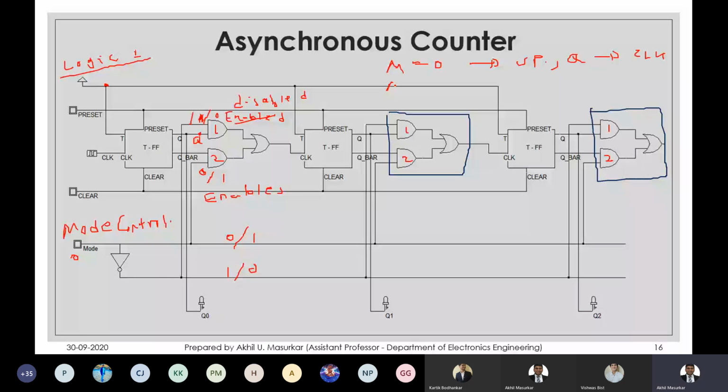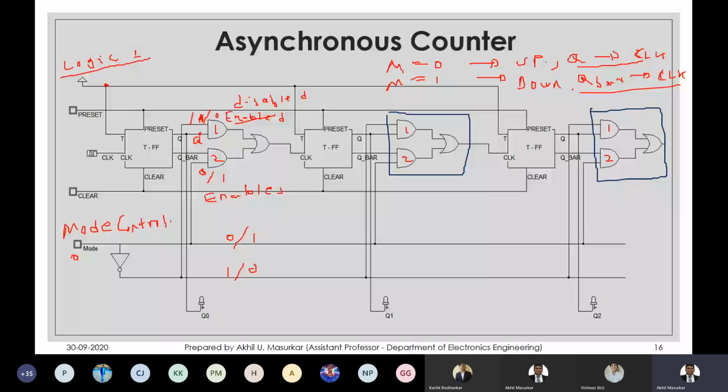When m is equal to 1, we get down counting because Q bar gets connected to the clock of the next flip flop. So when Q is connected to the clock, we have up counting; Q bar connected to the clock, we have down counting.